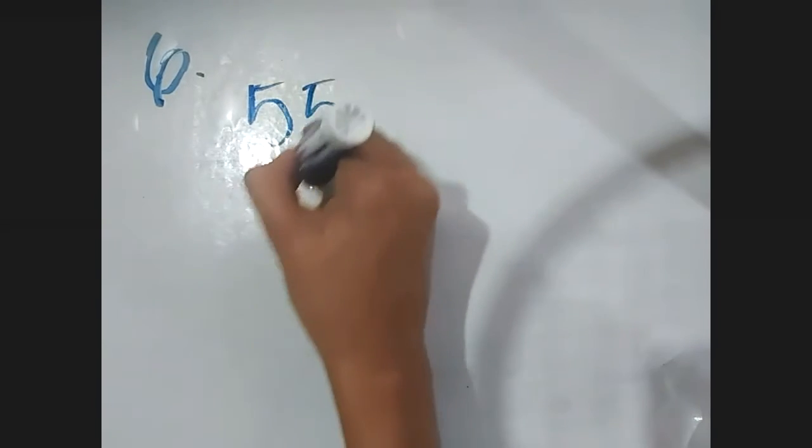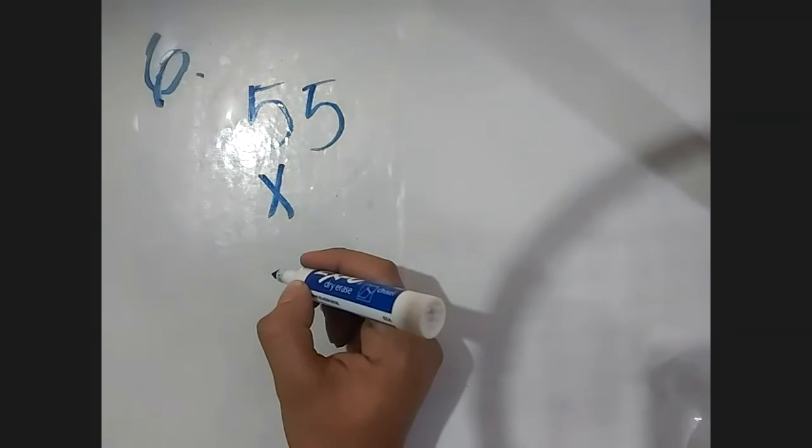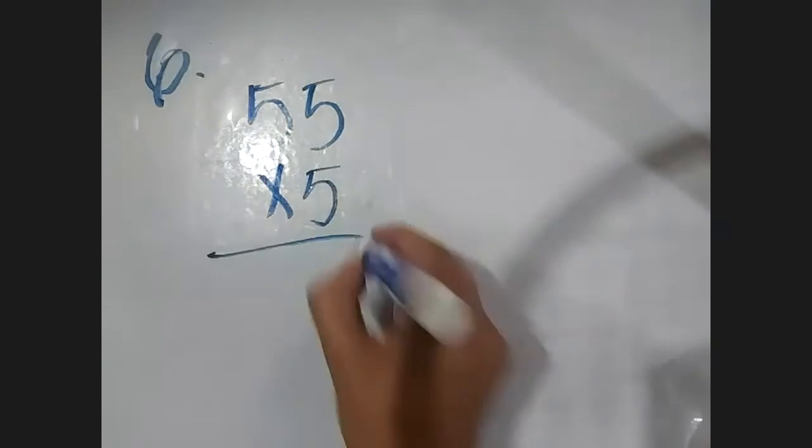Now in number 6, we have 2 exercises, right? We need to read them to know what we need to do. Where it says practice, what numbers do we have in the first exercise? What numbers can you see? 55 and 5.